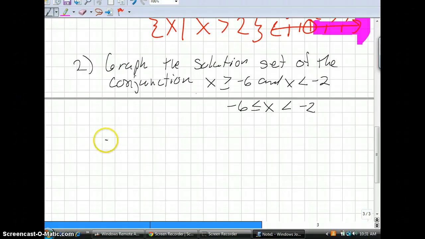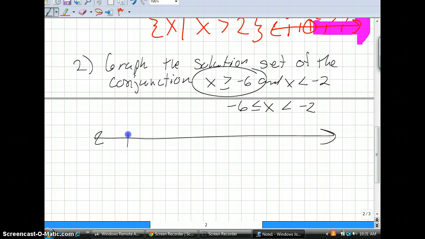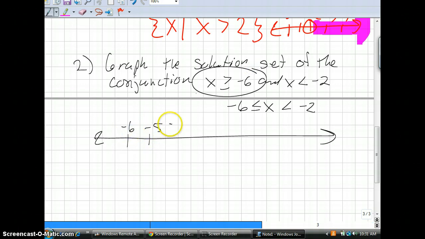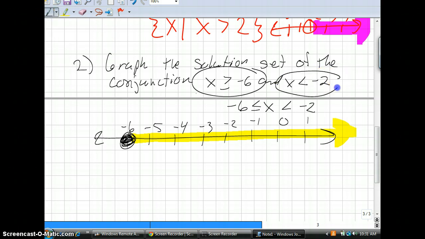Okay, well, this one says greater than or equal to -6, right? So that would be an open, well actually it'd be a closed circle because it's greater than or equal, and an arrow going this way. This one says x less than -2.